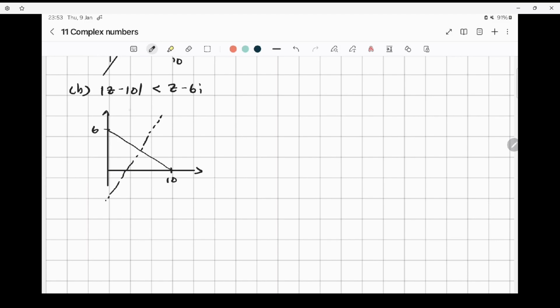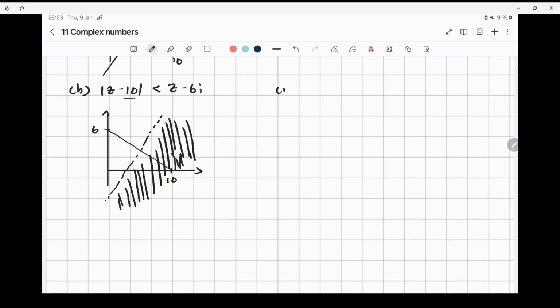So in this case, the left side is smaller than the right side, so you find where your 10 is, which is here. So you just shade everything to the right of your perpendicular bisector.